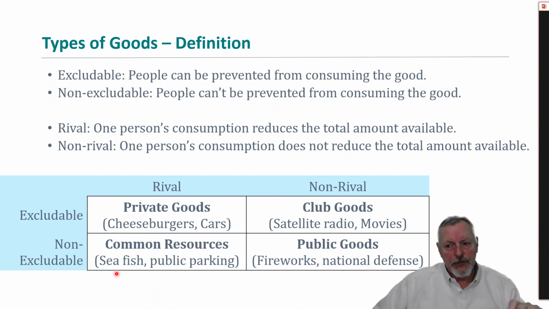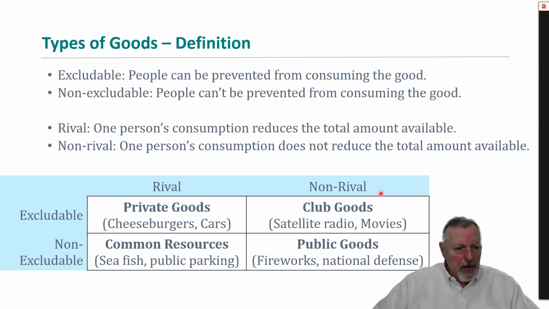Here I'm referring to fish in the middle of the ocean, outside of any territorial waters, where you can't prevent anyone from going out there and fishing, throwing their nets. So it's not excludable, but it is rival. Every fish one boat takes out of the ocean is one less fish for the other boats.